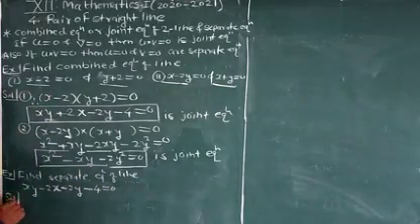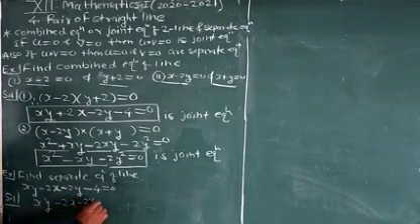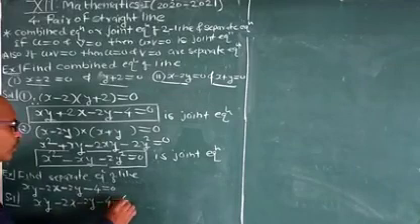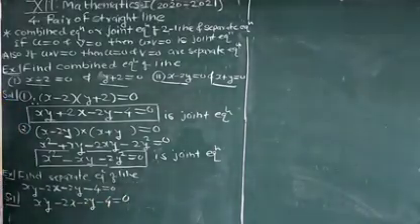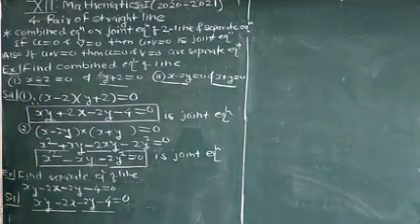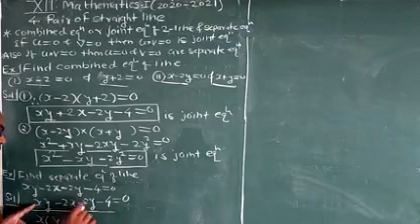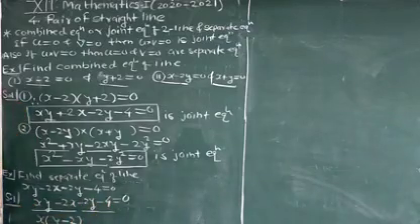In these two terms x is common, so we take x outside the bracket: x into y minus 2. In the other terms, minus 2 is common: minus 2y minus 4.